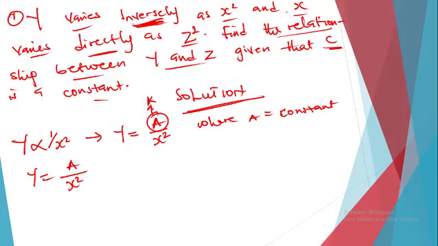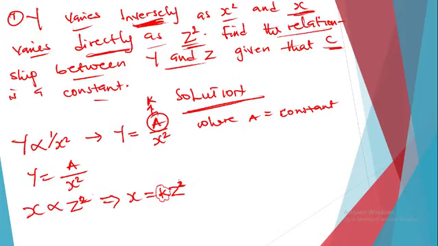Similarly, we are told that x varies directly as z squared. So we have x varying directly as z squared, and this means that x is equal to kz squared, right? But in this example, I want us to use b in place of k.